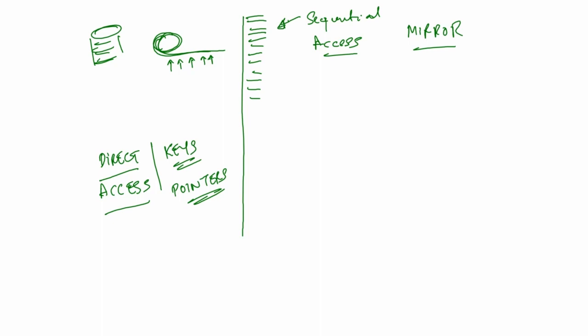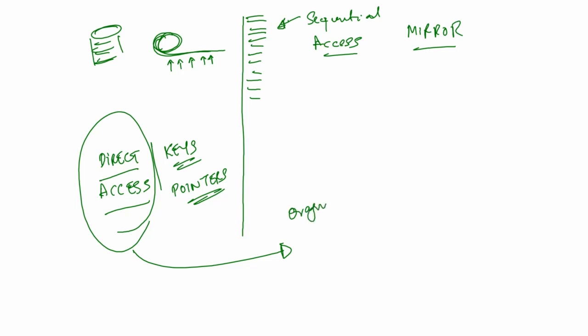So when you want to have direct access, you must organize. You must show relationships, and then your database management system, DBMS, does the sorting, does the indexing.